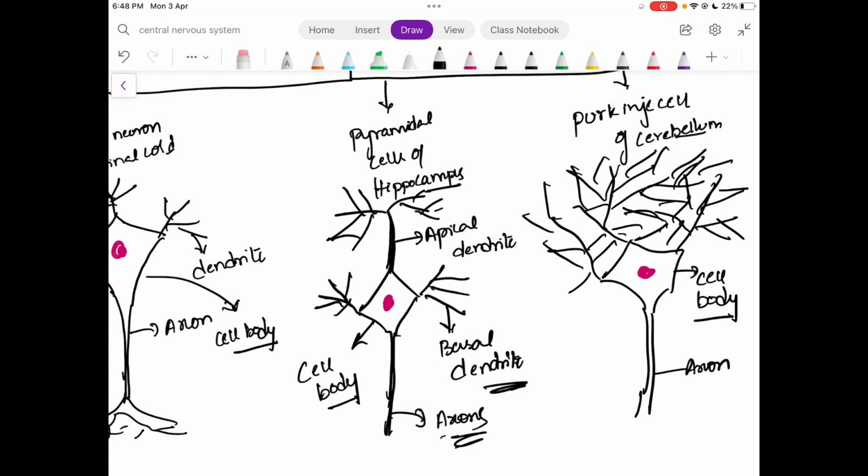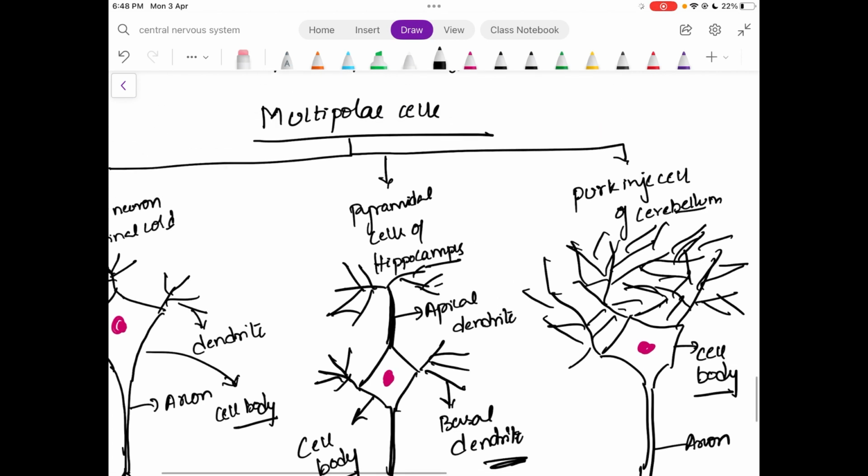So these neurons are divided into unipolar, bipolar, pseudo-unipolar, and multipolar cells, and in multipolar cells they have one axon and many dendrites. The dendrite ramification is very extensive.